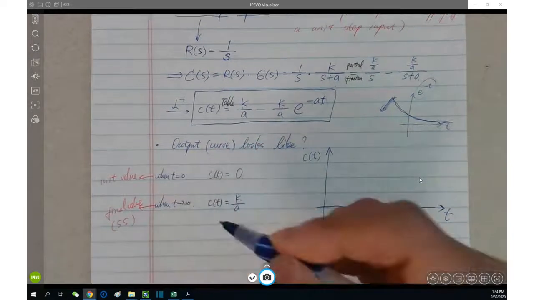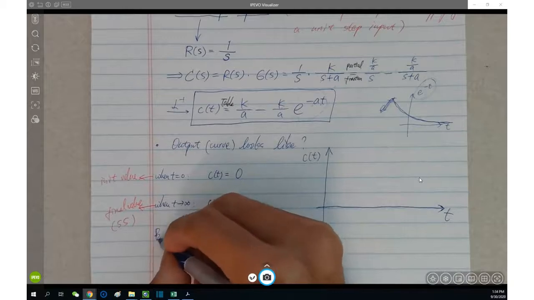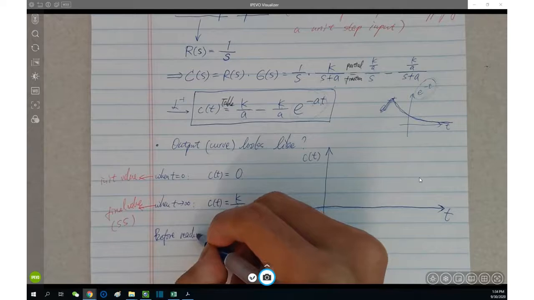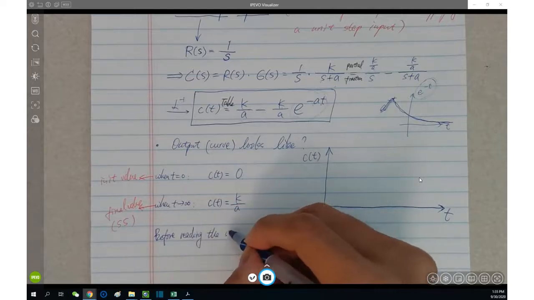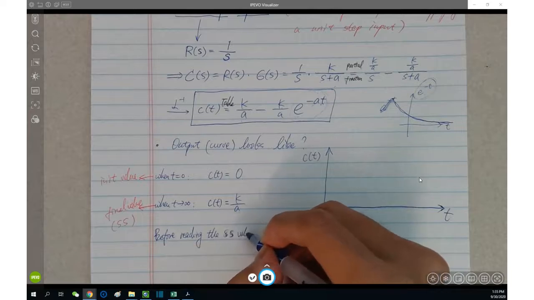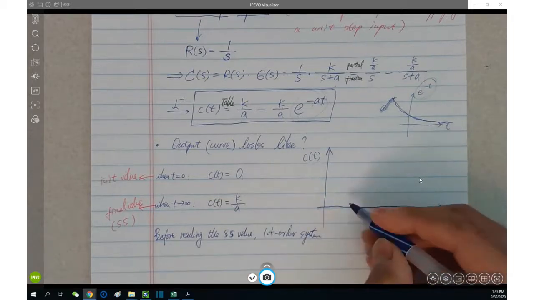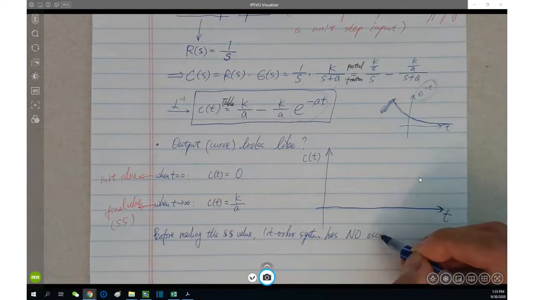After the initial and the final value, before reaching the steady state value, a first order system has no oscillation.